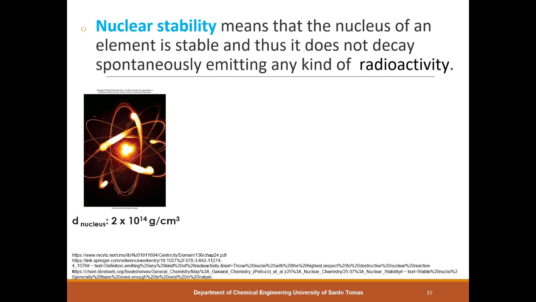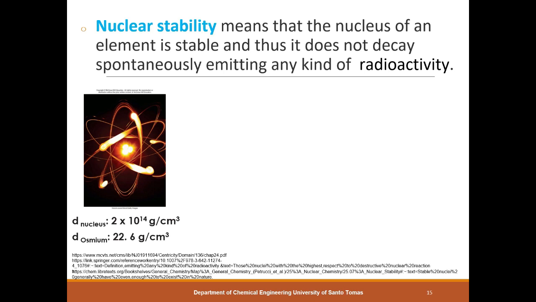The highest density known for an element is only 22 grams per cubic centimeter for the element osmium. Thus, the nuclear density is roughly 9 times 10 to the 12, or 9 trillion times more dense than the densest element known.